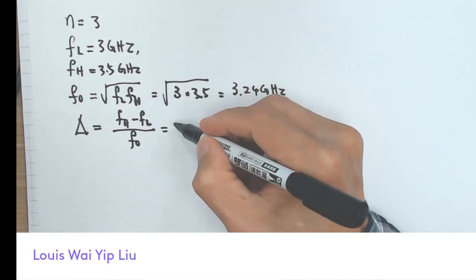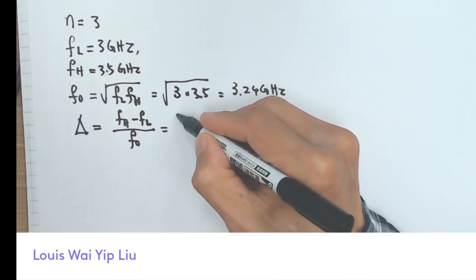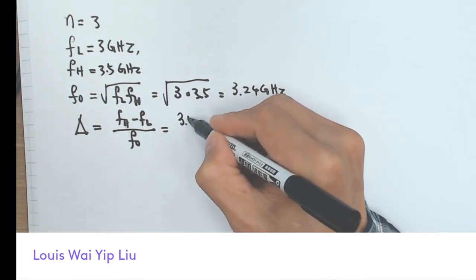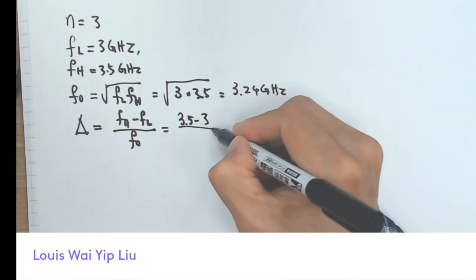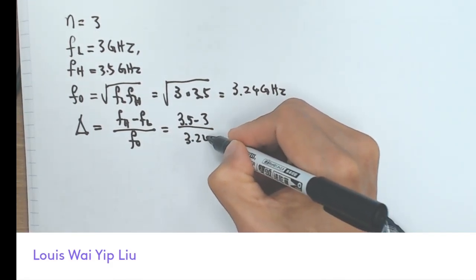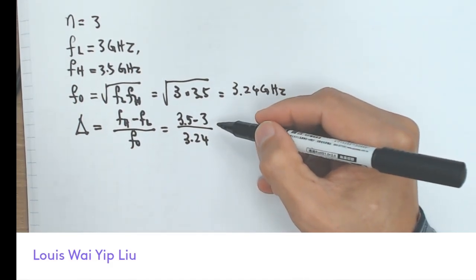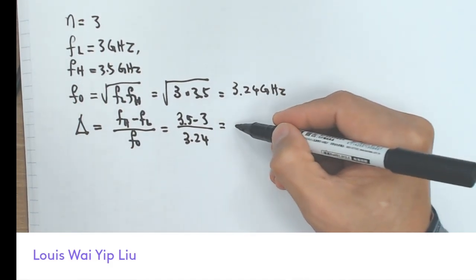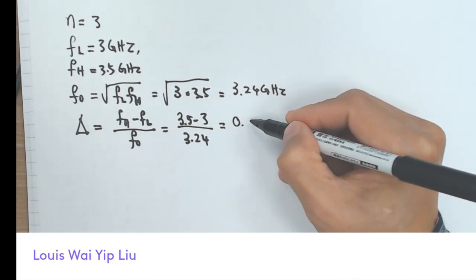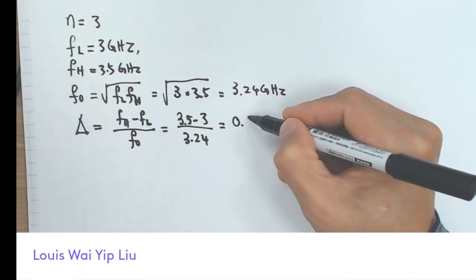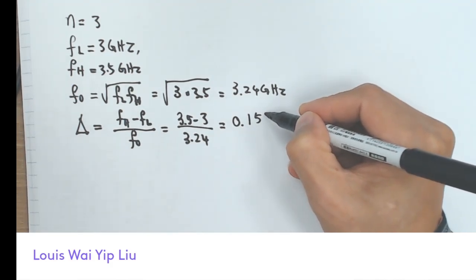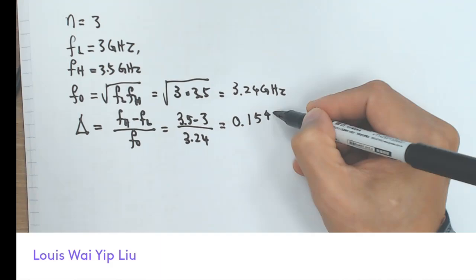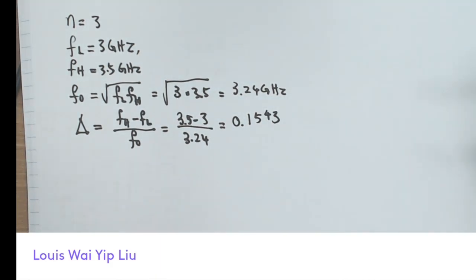So it is 3.5 minus 3, and then divided by 3.24. Based on my calculation, this is going to be about 1/4... So this is the fractional bandwidth, it's about 15.4%.